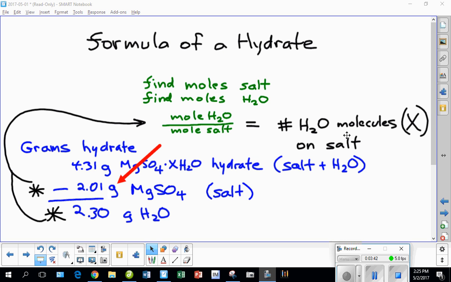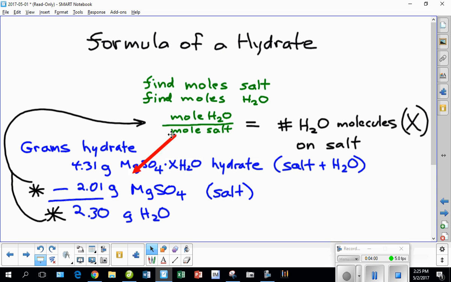Always in the problem, you have to be given the grams of dry salt. This is after heating. You're always going to have to calculate, well, usually you'll have to calculate how much water is there.